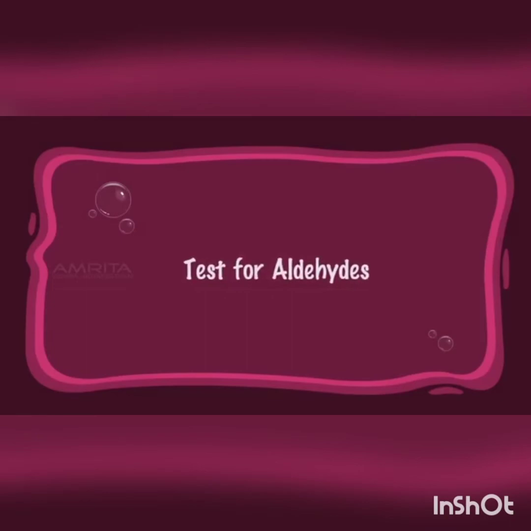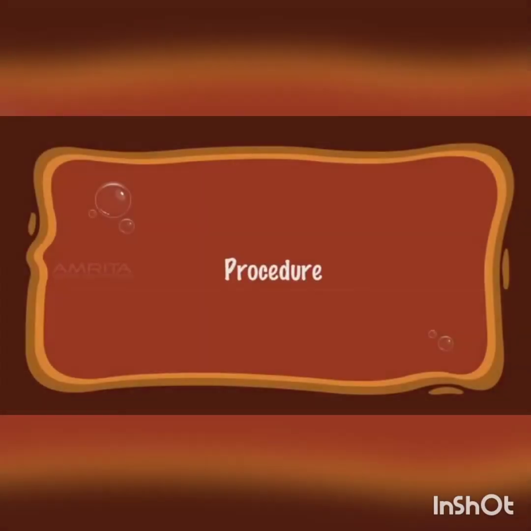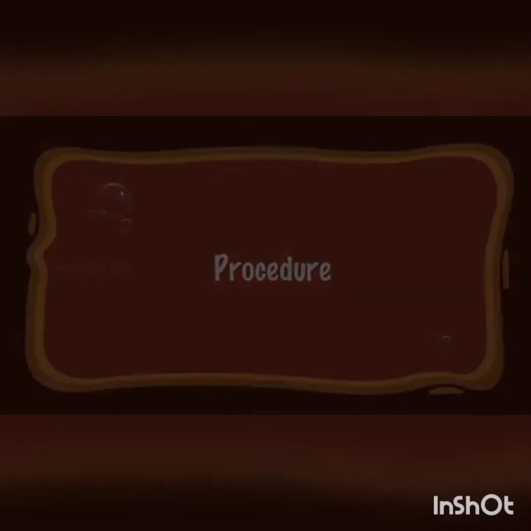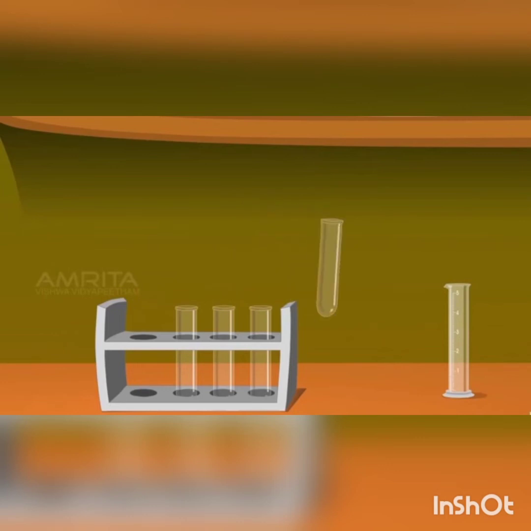Tests for aldehydes. Schiff's test. Procedure. Take a dropper. Take a few drops of given unknown solution using a dropper. Pour the taken solution into a test tube.